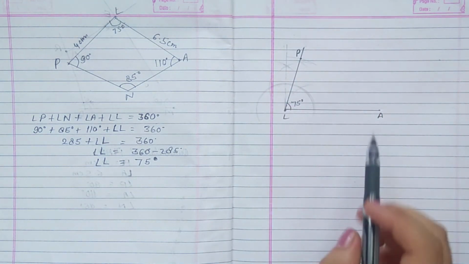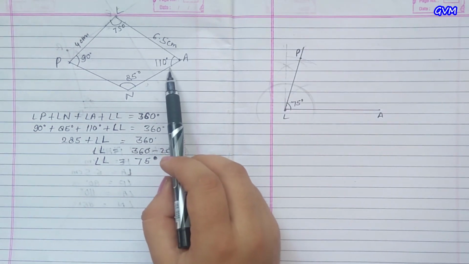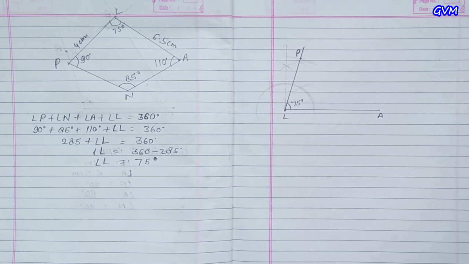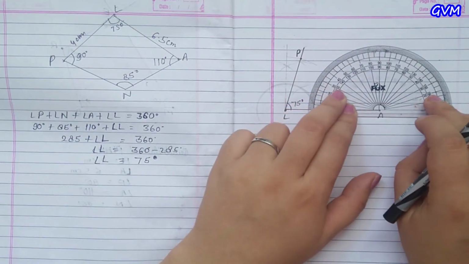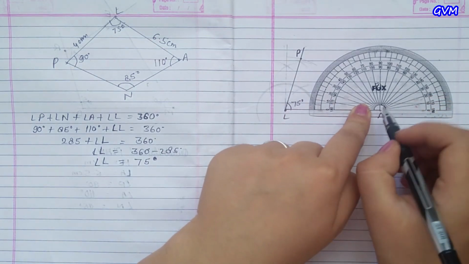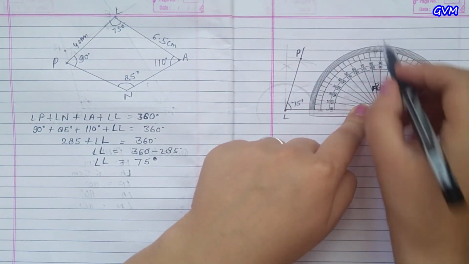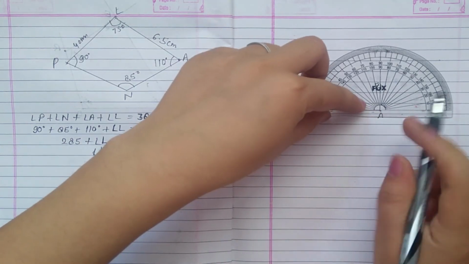Okay, now from point A we need to construct 110 degree. Since 110 degree is not in your syllabus by construction with the help of ruler and compass, we will simply take a protractor, put the protractor at A, the point here which leads to 90 degree at A, and this line over the LA.